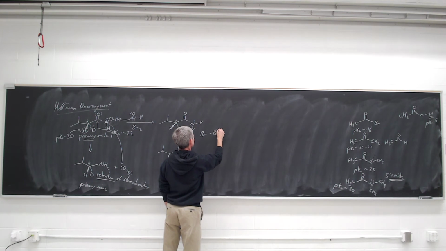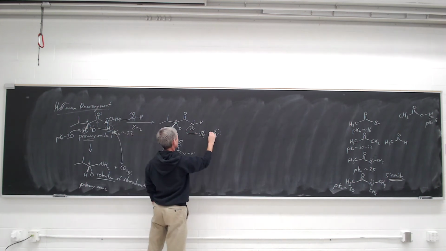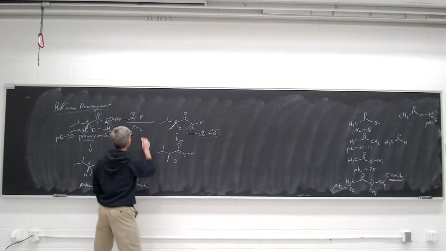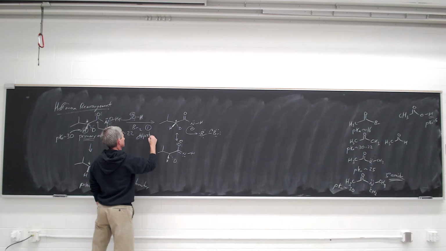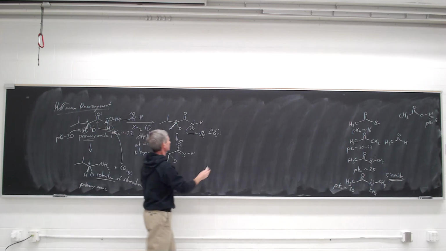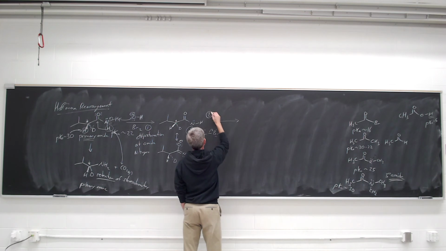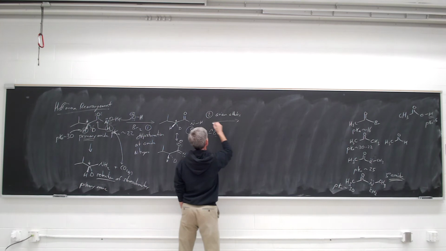Because the next step is going to be that negatively charged nitrogen attacking bromine. Step 1 is deprotonation at the amide nitrogen. And step 2 is going to be the anion attacking electrophilic bromine.